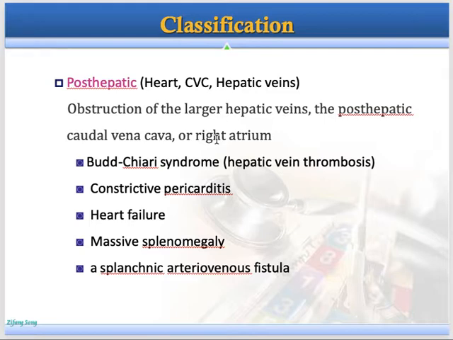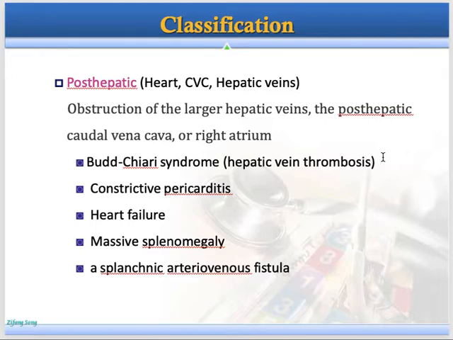So you can see, they have given you heart failure, massive splenomegaly, constrictive pericarditis, and Budd-Chiari syndrome. So what is Budd-Chiari syndrome? Basically, Budd-Chiari syndrome, and in the bracket it's written hepatic vein thrombosis.